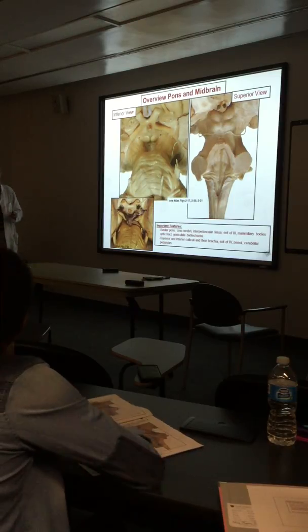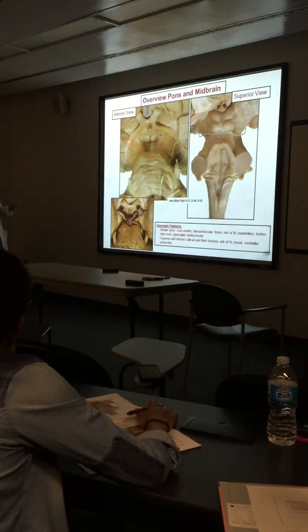In other words, optic tract is diencephalon, the crus is mesencephalon. Mammillary bodies are part of the diencephalon, the interpeduncular fossa is part of the midbrain. Everybody okay?